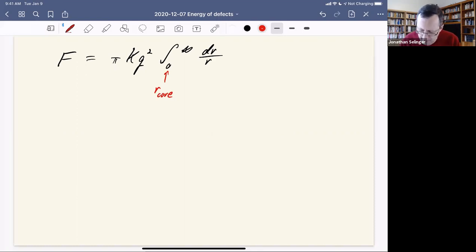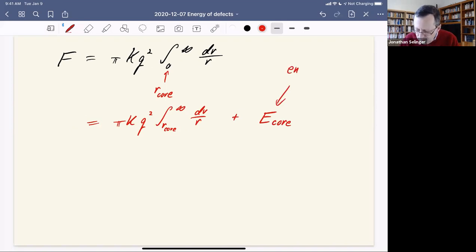Or let me put it a better way. I could say we have the integral from r core to infinity, dr over r, plus something else that describes what happens for r equals 0 up to r core. And I'll just give it a name. I'll say, here is some energy, E core. That's the energy associated with the core of the defect.